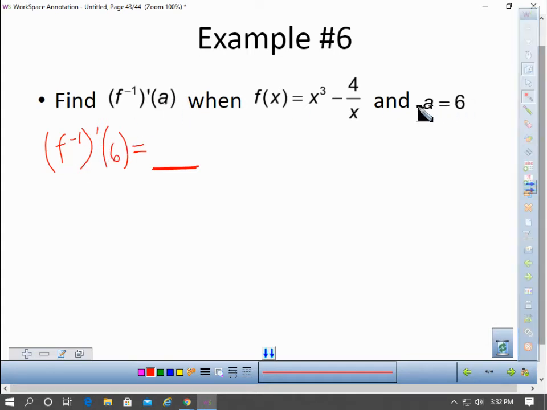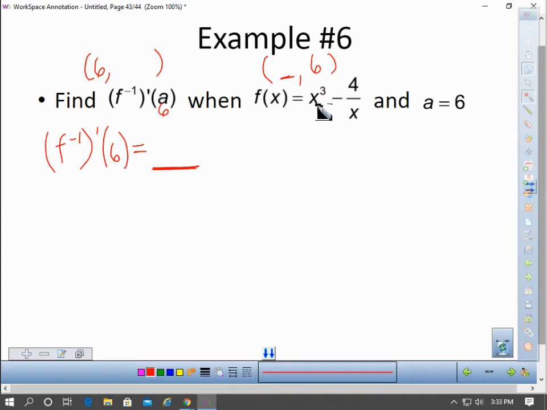Thing to keep in mind: that's the x coordinate for my inverse. So if this is the x coordinate, a is 6, goes here. That's my x coordinate for my inverse. So that means over here on the function, it's the y coordinate. So I need to find my x coordinate.